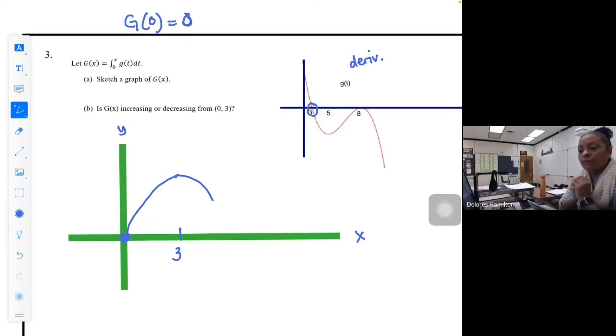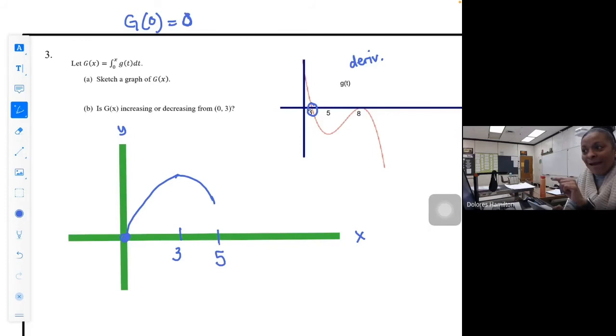Great. Let's keep going. So what's going on from 3 to 5? Well, we did that one already. So now let's look from 5 to 8. Looks like at 5, that is where there was a little bit of a shift, right? 5 looks like it's a min on my derivative graph. So I know that it was decreasing and the shape was still concave down.